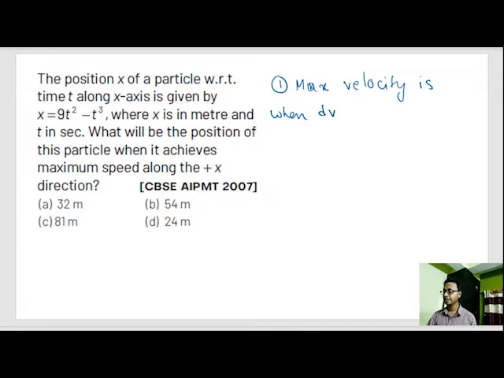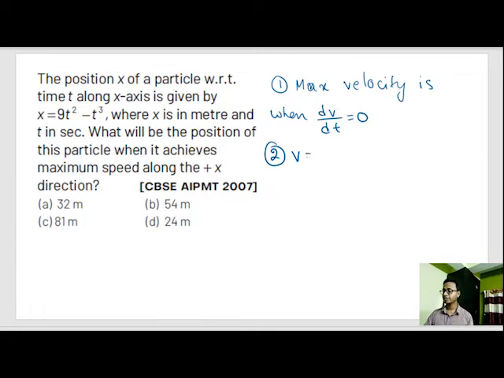Maximum velocity is when dv by dt is equal to 0, or the slope of the velocity-time graph becomes 0. But out here, it is given as a position-time graph. So for the position-time graph, we have to convert it into velocity.